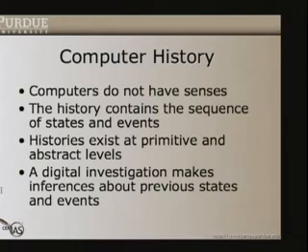As we'll see later, these occur at both primitive and abstract levels. Primitive means CPU registers, CPU instructions, hard disk sectors, the core low-level events and states that occur in a system. And there are abstract events and states as well, like files, system calls, or user-level events like clicking on buttons, occurring at multiple levels.